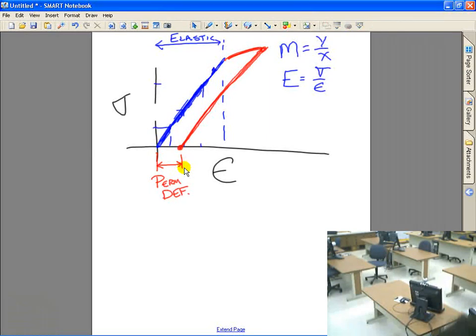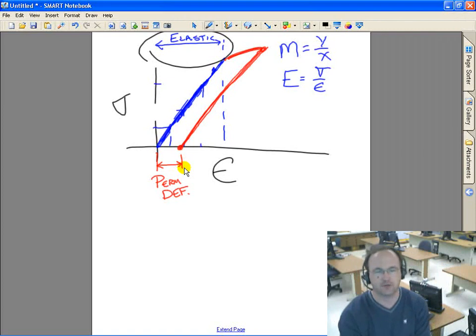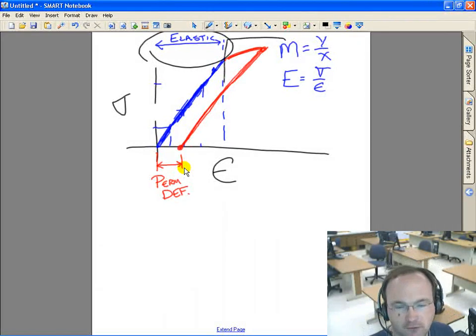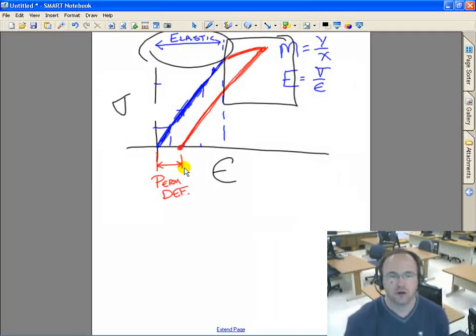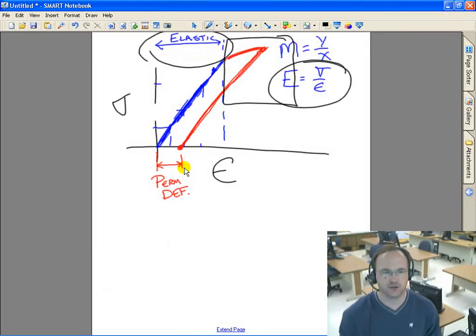In terms of what we're going to be doing, we're going to operate inside the elastic range in this class. There is some very good designs done in the plastic range, but for structural mechanics, in terms of introduction, we're going to operate inside this elastic range, talking about the elastic modulus.